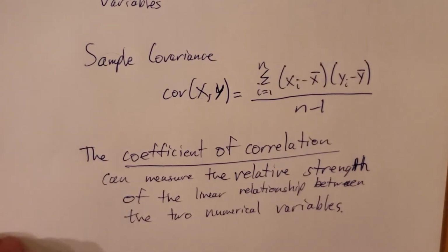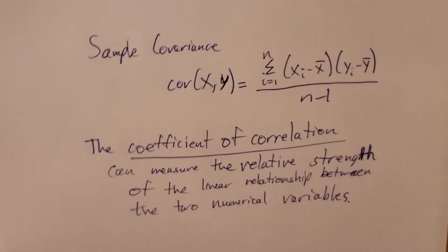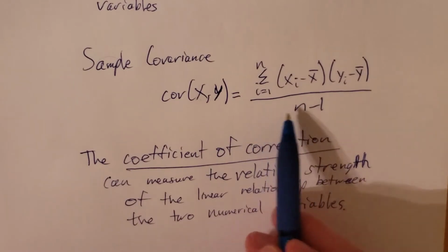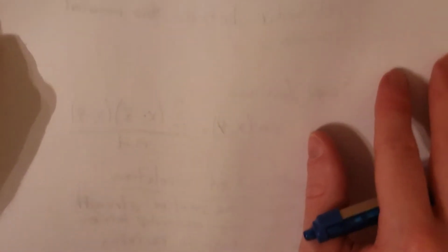And that's what we're going to define now. So we have our covariance here. That is going to be a part of the formula for the coefficient of correlation.